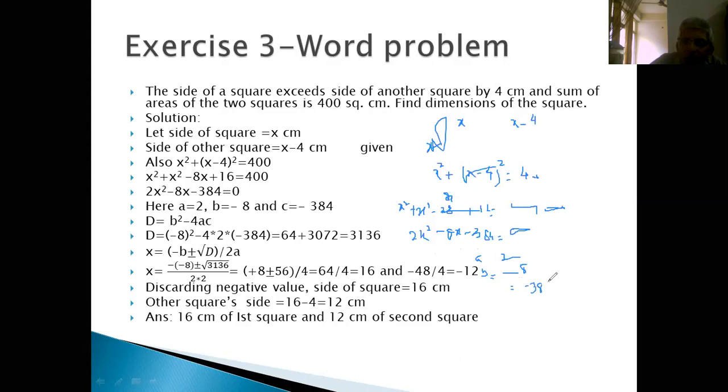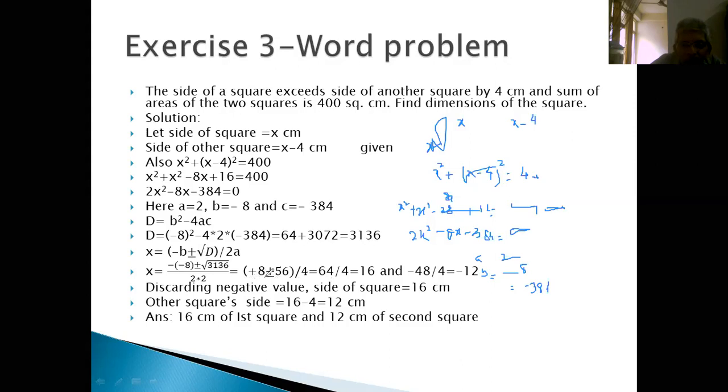When you put these values, you find D is equal to minus 8 whole square minus 4 into 2 into c, which is minus 384. So we get 64 plus 3072, which is equal to 3136. And then the root of this will become plus minus 56. So I got minus b plus minus under root D by 2a, which means minus minus 8 becomes plus, minus 56 divided by 4.